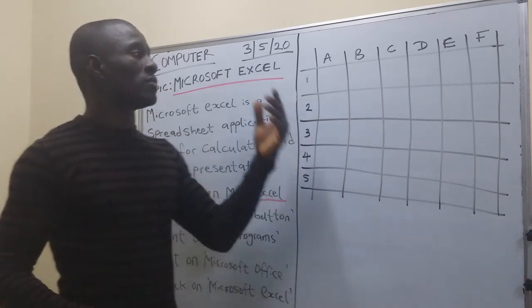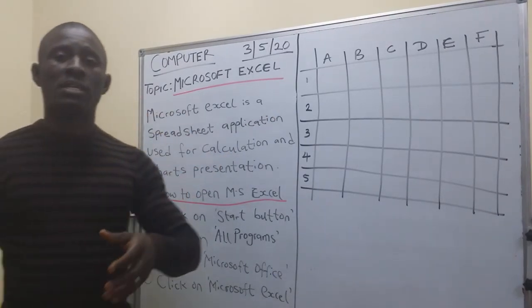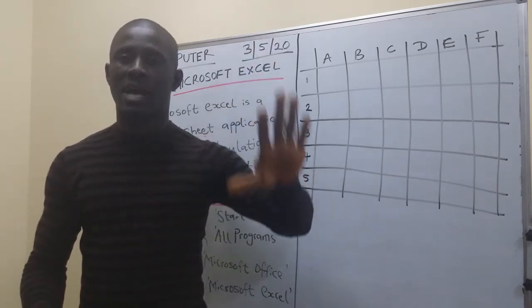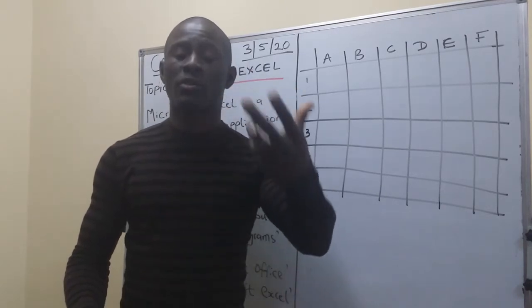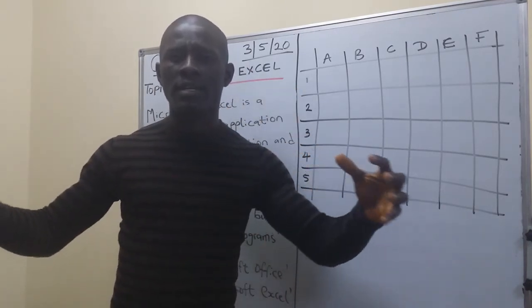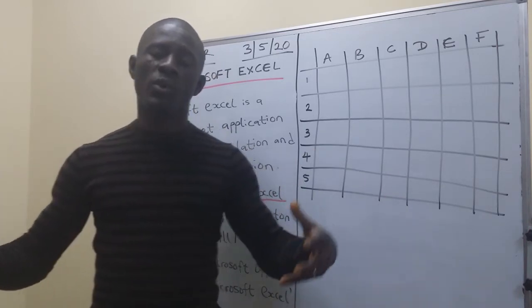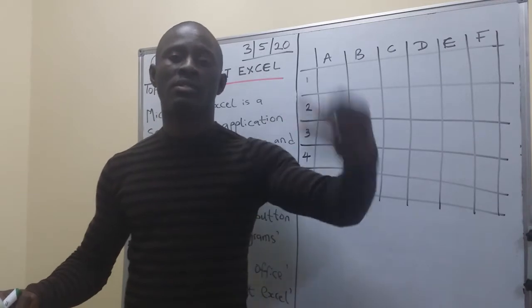So Microsoft Excel is used for calculations and presentation of information in charts. Simple. If you are asked what is Microsoft Excel, you can coin the definition from its uses or functions, which are calculation and presentation in charts.